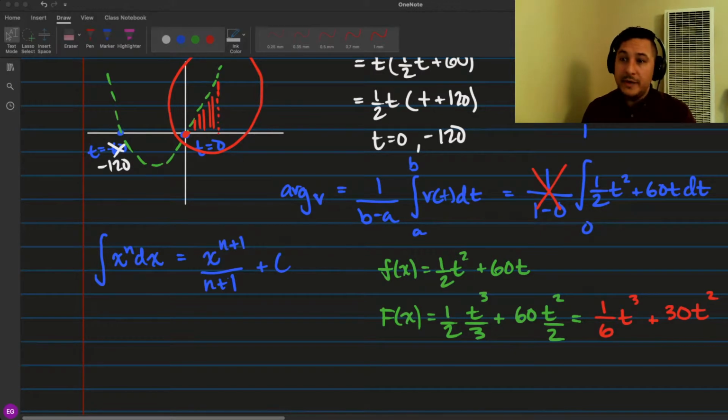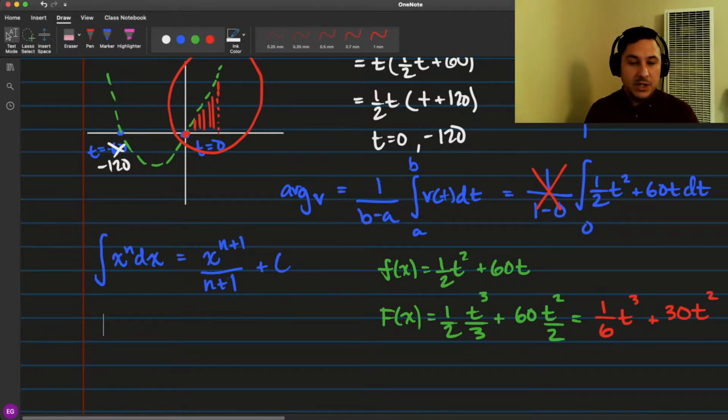Now, how would you verify that this actually is the proper antiderivative? What would you have to do? Yeah, you'd have to take the derivative and see if you get the original thing back. So let's just quickly do that. Let's look at big F prime. If you take the derivative of 1/6 t to the third, you'll get 3/6 t squared.